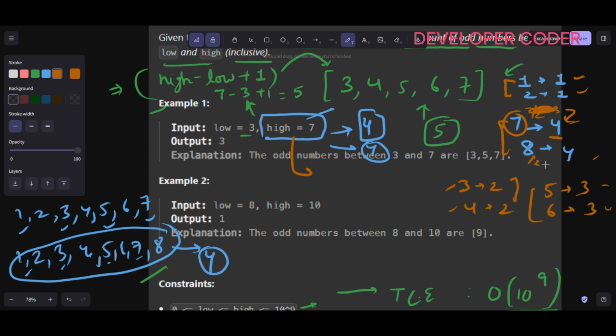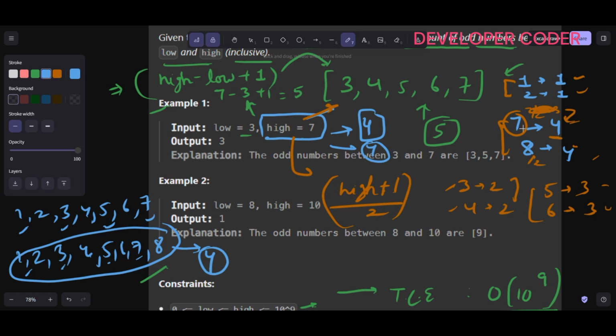Here 8 divided by 2 gives the correct answer, but for 7 I will not get it right. So in this high value, if I add 1 and then divide by 2, then I will always get the correct answer.